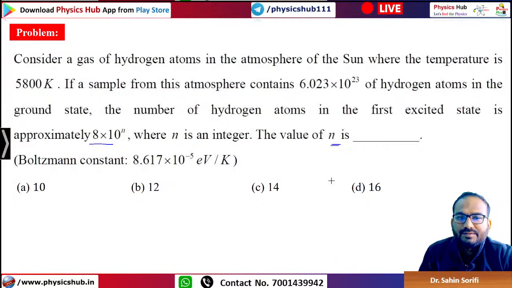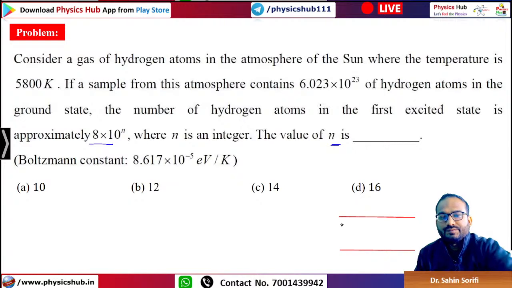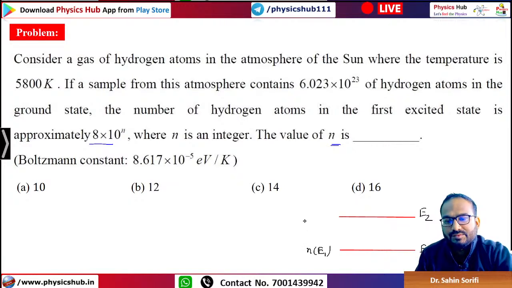Two states you are given, the ground state and the first excited state, and you know the ratio. So if I consider this to be, let's say, E1, this is E2, here the number of particles will be n of E1, here the number of particles is n of E2.